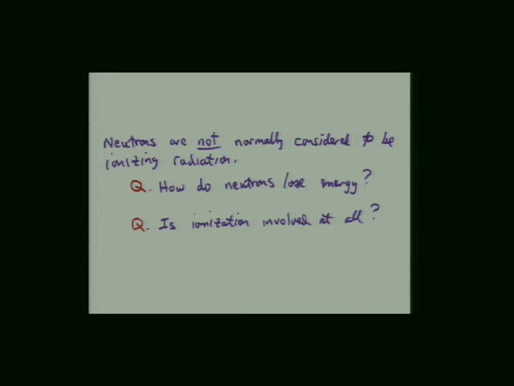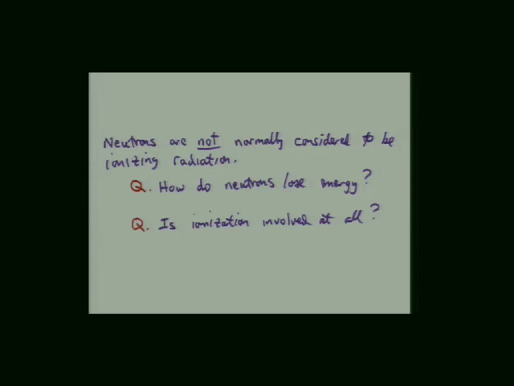Why don't they? Well, almost. So the one exception to that, I would say, is the photon. Right? The photon we consider to be ionizing, even though it doesn't carry a charge. But that's a little bit of a cheat because it's interacting via the electromagnetic interaction, okay? And that's how it rips the electrons off.